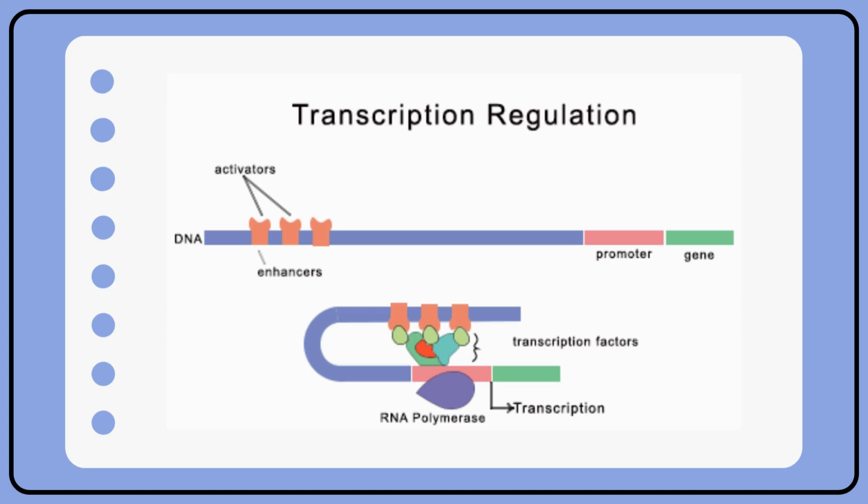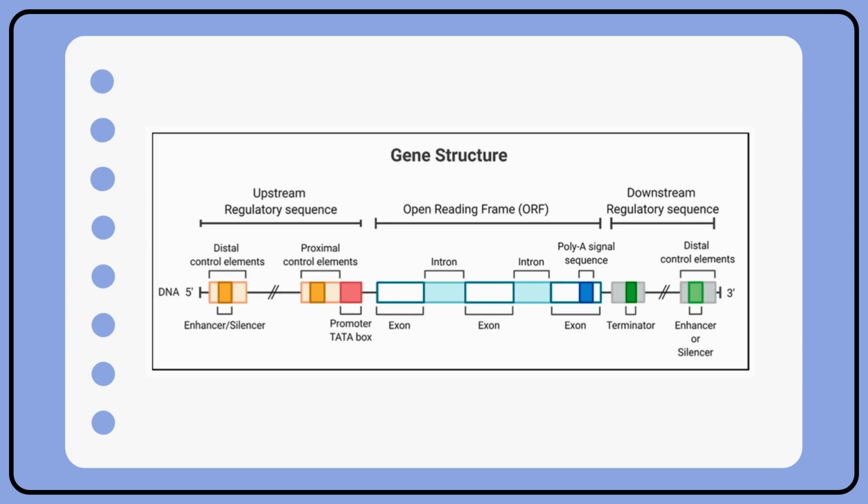We have different types of promoters, and each has a different function in gene regulation. One well-known type of gene promoter is the TATA box promoter, which is located about 25 nucleotides upstream of the start of a gene.